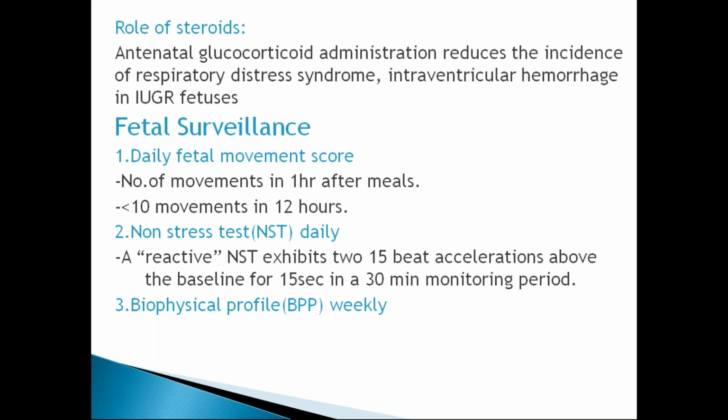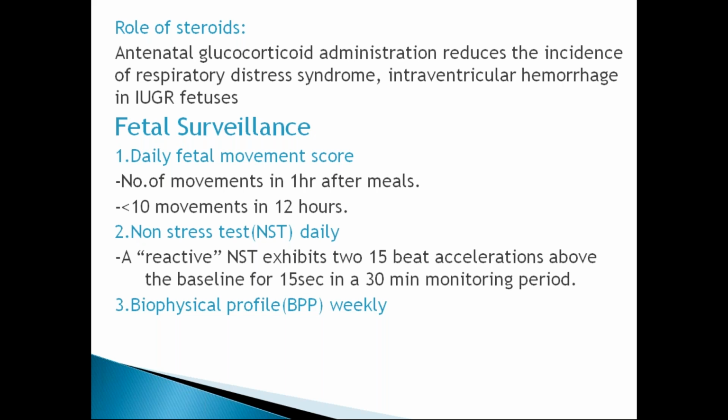We give dexamethasone 6 milligrams, 4 doses every 12 hours, or betamethasone, to enhance fetal lung maturation.